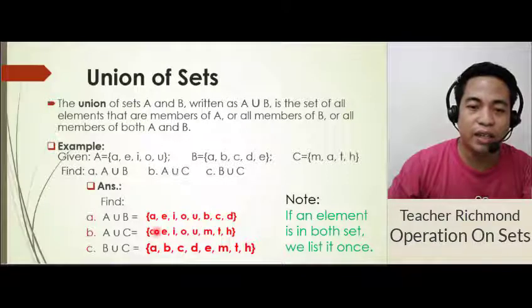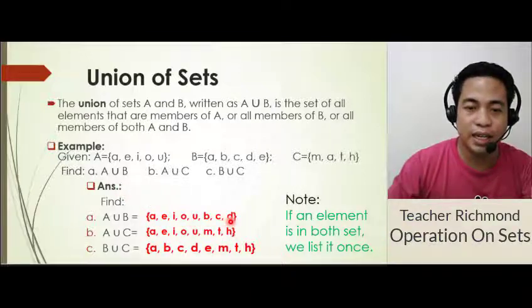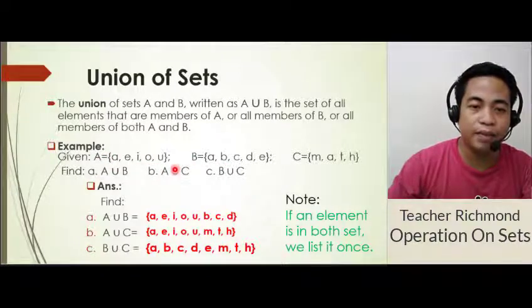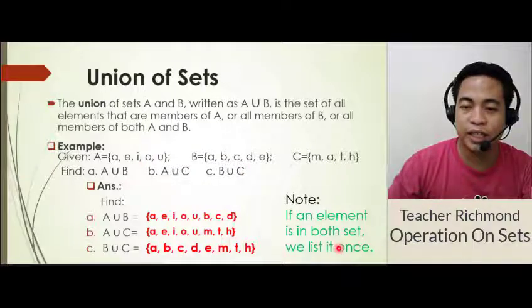That's the reason why in example letter A, the union of set A and B, we only write A, E, I, O, U, B, C, D, and we don't write again the elements A and E in set B, because we have them already in set A. And if we have those elements in both sets, by definition, we just list them once. Okay?